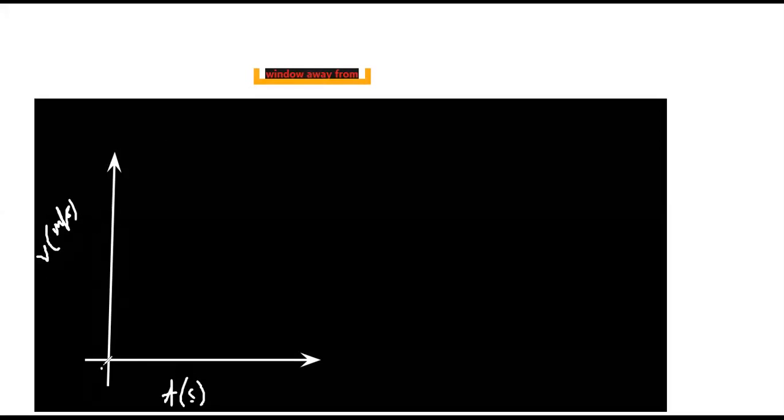Fine. So this is 0, this is 1, 2. Kindly draw it side by side. Please keep drawing it. 1, 2, 3, 4. And the velocity I will be taking as 5, 10, then 15, then 20.